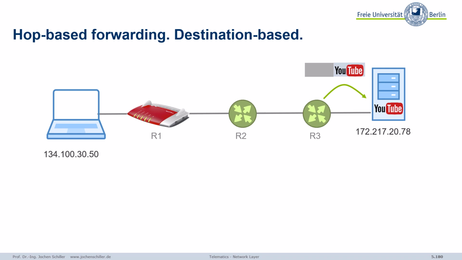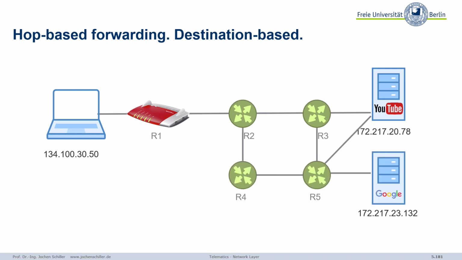Looks simple, but what happens if you have alternative paths? In this example, the packet could take this very straightforward path towards YouTube, but it could also, for whatever reasons, take a detour. What are reasons?